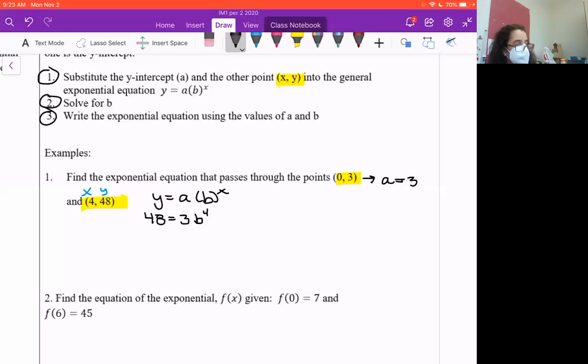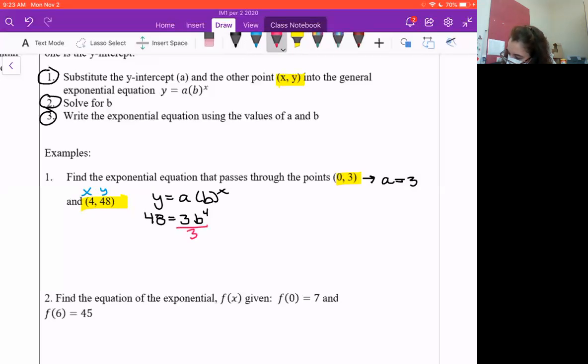Okay, so now I need to solve for b. To solve for b, there are 2 things here that we need to deal with. There's the multiplying by 3, and there is the exponent. We have to work backwards through our order of operations. In other words, we usually get rid of addition first, and then we move multiplication and division next.